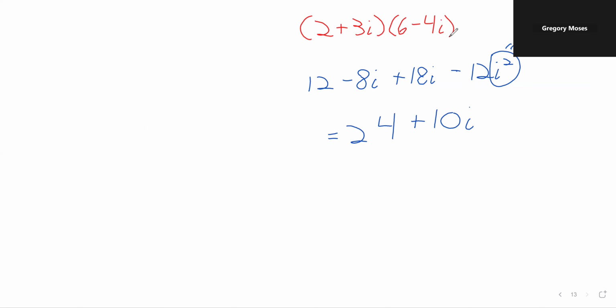This -12 and this -1 cancel and give us a +12, which adds to that. There's the 24. Then 18i minus 8i gives us 10i.